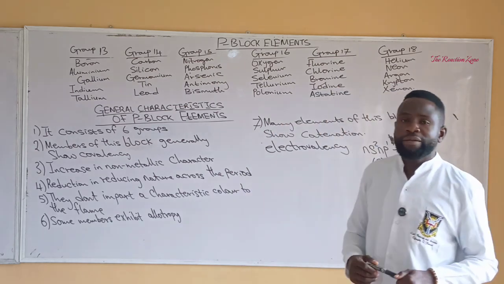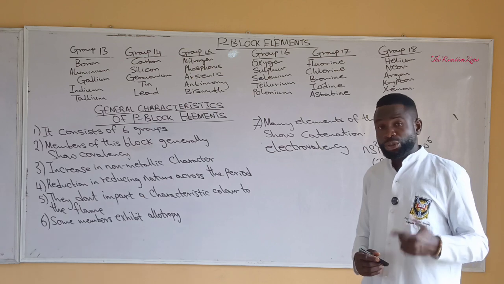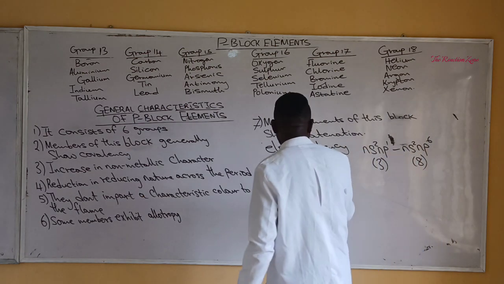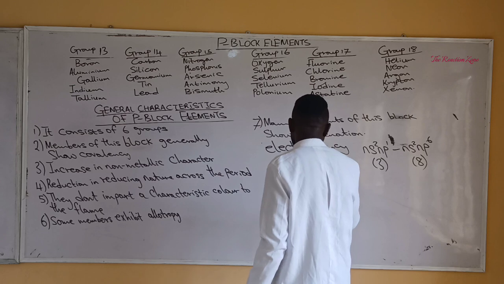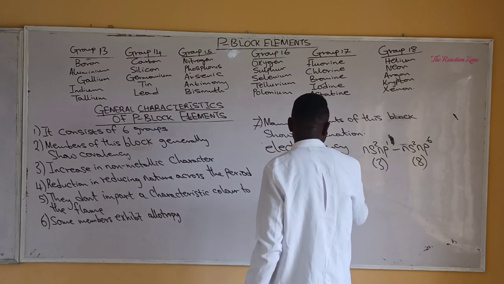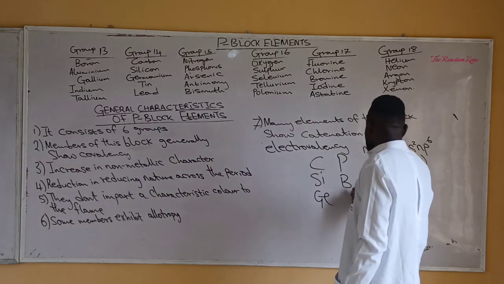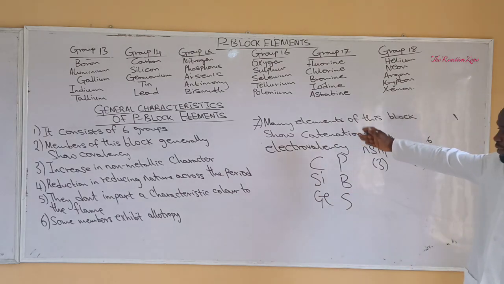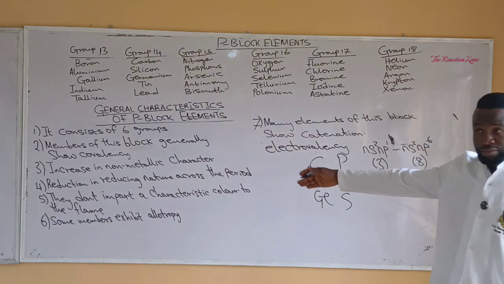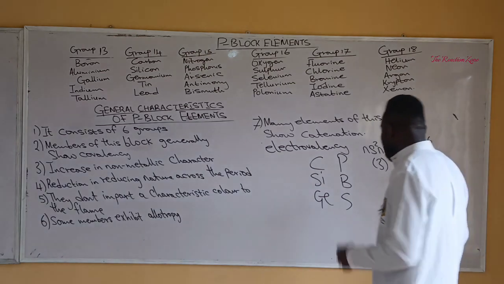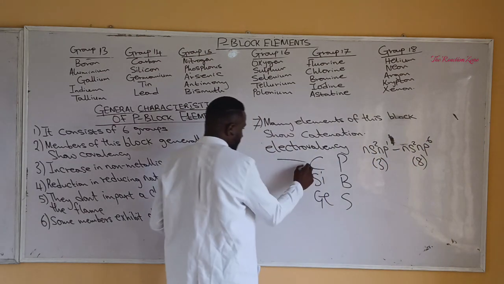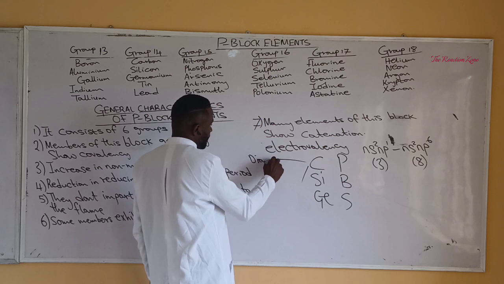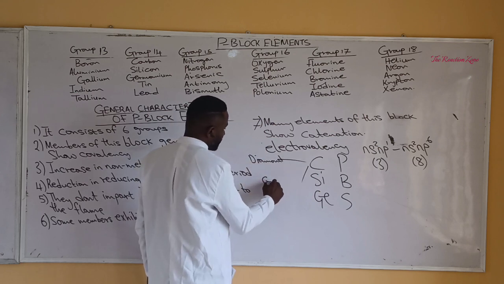Examples of P block elements that exhibit or show allotropy are carbon, silicon, germanium, phosphorus, boron, sulfur. These are examples of P block elements that exhibit allotropy. Carbon, for instance, has 2 allotropes, diamond and graphite.